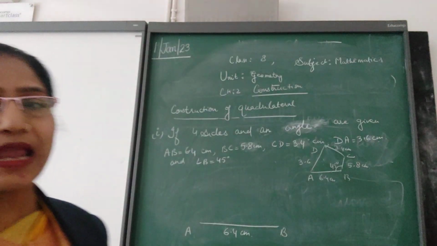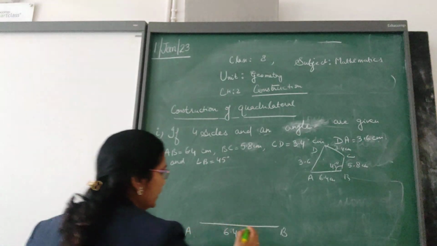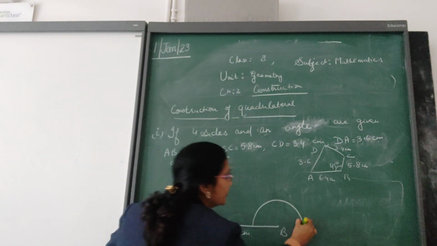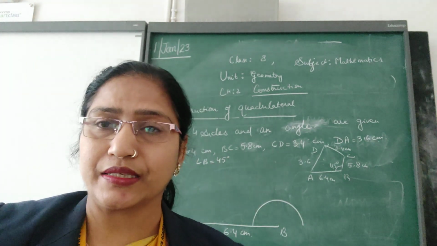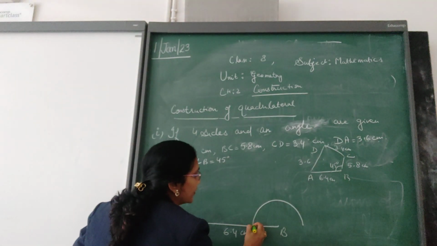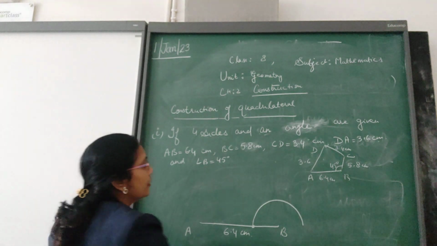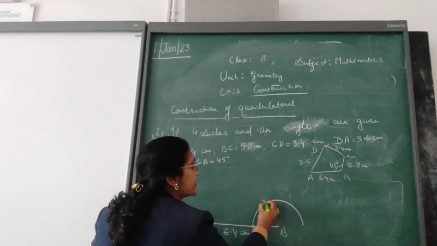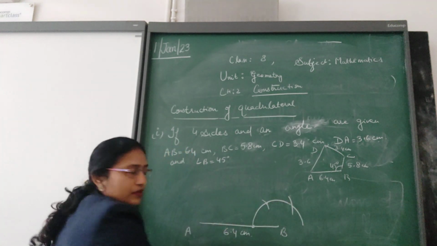First of all, you take any radius in your compass and B as a center. Draw the semicircle like this. Okay? With the same radius, put the needle of the compass here and draw the arc, this one, and now this becomes a center, draw another arc like this.